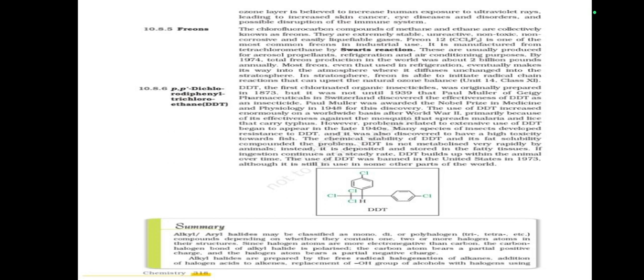The carbon atom bears a partial positive charge and the halogen atom bears a partial negative charge. Alkyl halides are prepared by the free radical halogenation of alkanes, the addition of halogen acids to alkenes, and replacement of the OH group of alcohols with halogens using phosphorus halides, thionyl chloride or halogen acids.